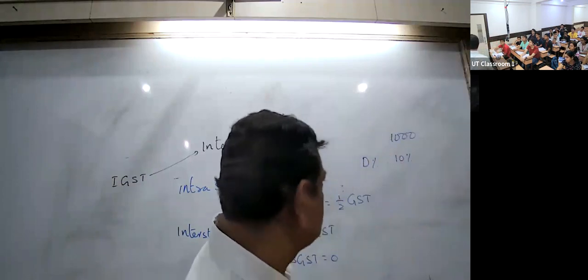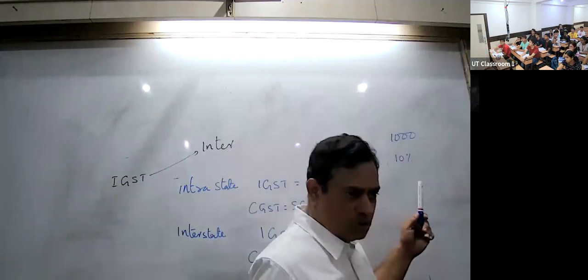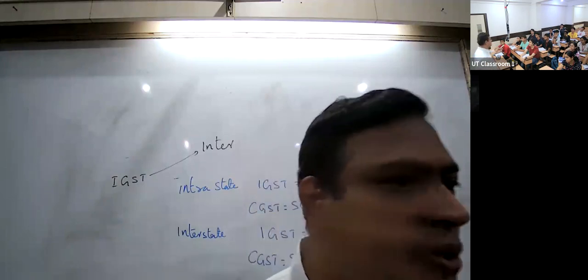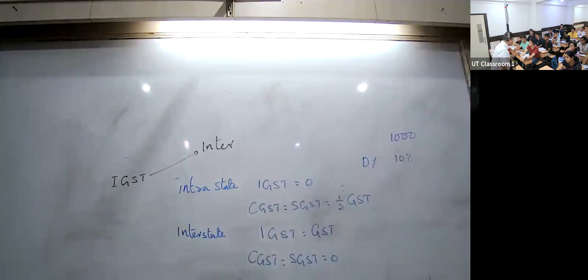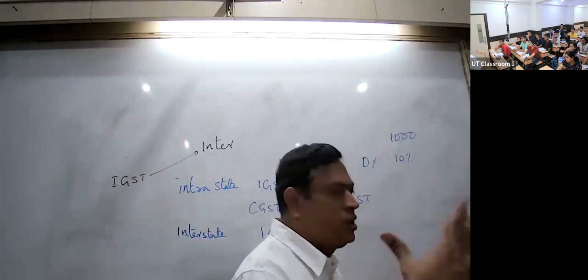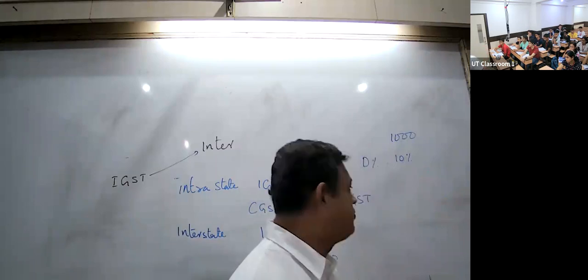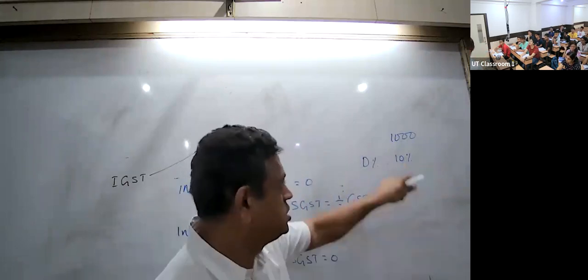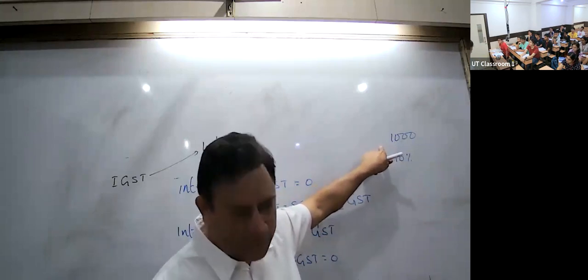Now this discounted price can be calculated in one more way. If 10% is the discount, how much money do you have to pay? 90% you have to pay. Total amount is 100%. If discount is 10%, you pay 90%. 90% of 1000 is 900.